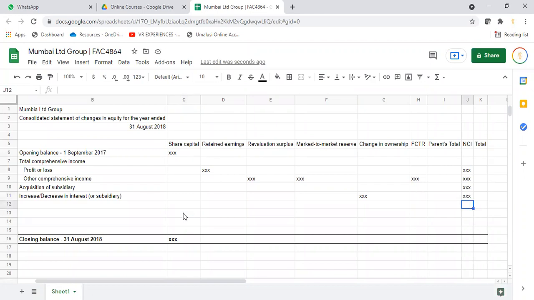If we are decreasing our interest, then NCI must be increasing. If we are increasing our interest, NCI must be decreasing. This amount over here would be the gain or loss that we are making. But I'll get to the calculations and the details of that as we do the question. Okay, so that is that.